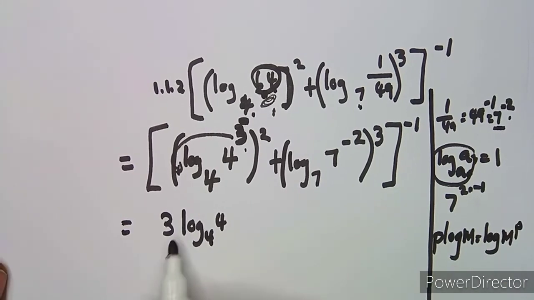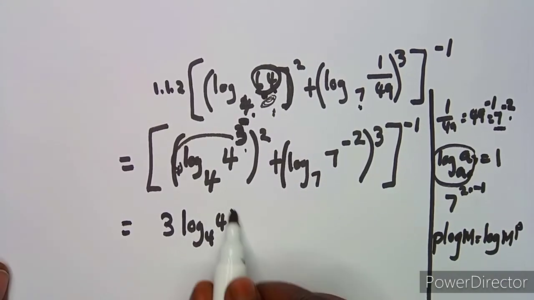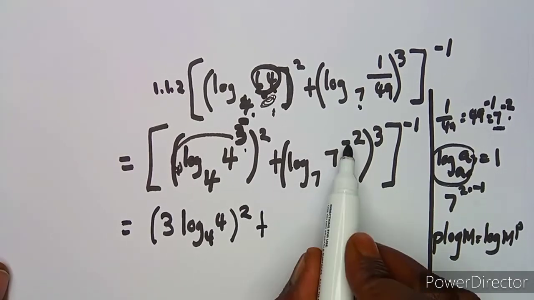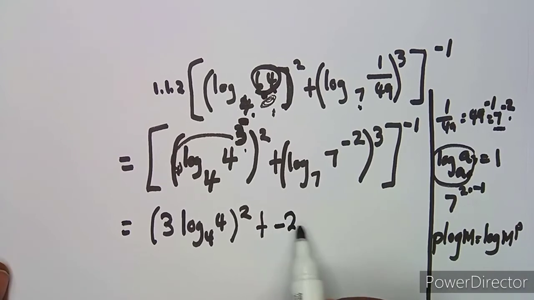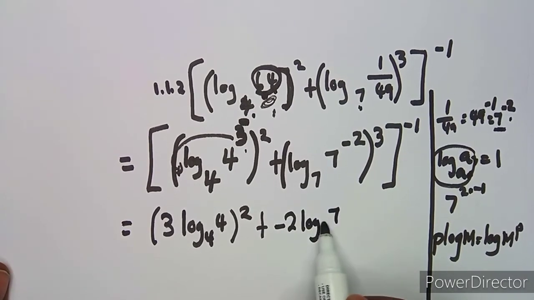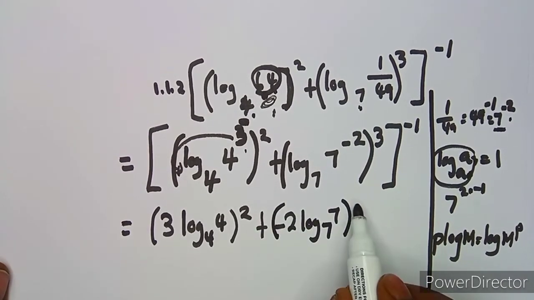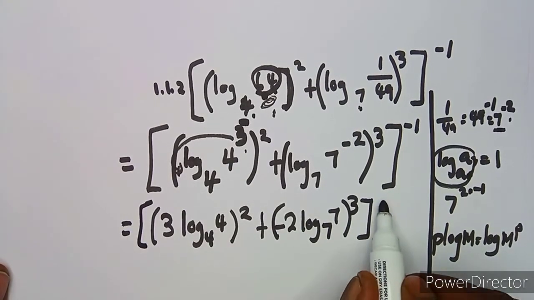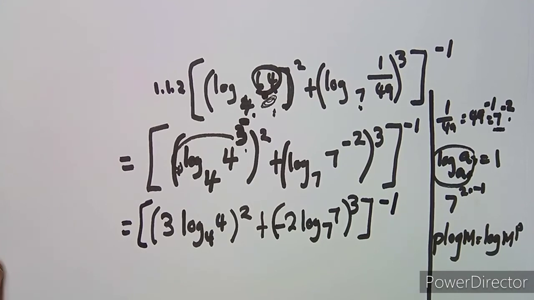So that's going to be 3 log 4 base 4, but everything to the exponent of 2, plus we do the same, we drop this, so it's going to be -2 log 7 base 7, everything to the exponent of 3 and everything to the exponent of -1.